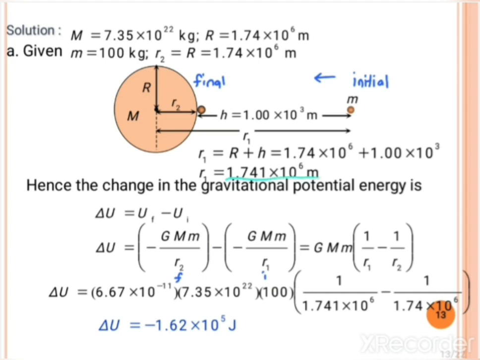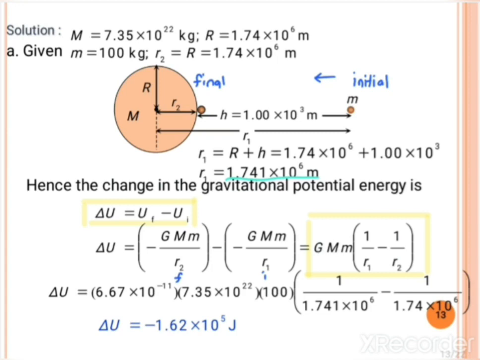So, the change of gravitational potential energy delta U equal to U final minus U initial. Or we directly use this formula: GMm bracket 1 over R initial minus 1 over R final. The value for G is the gravitational constant that was given.